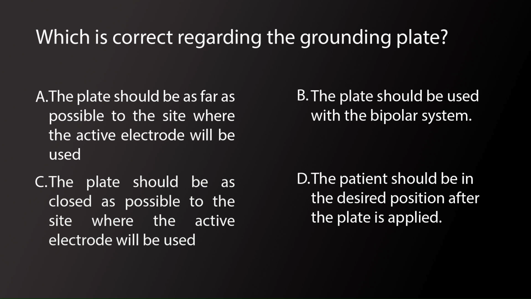Option C, the plate should be as close as possible to the site where the active electrode will be used. Option D, the patient should be in the desired position after the plate is applied. The correct answer is Option A. The plate should be as far as possible from the site where the active electrode will be used.